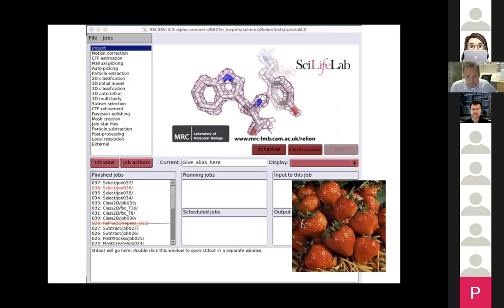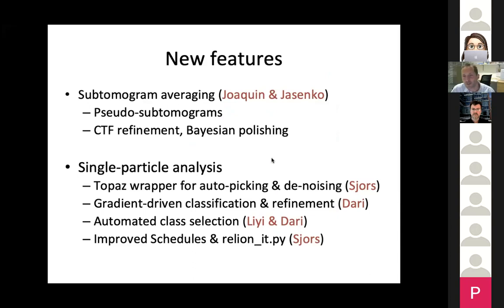Cool. So what people often ask me is, what will the color be of the next version? RELION 4.0 was chosen to have a strawberry color scheme, if you think that's relevant. Its new features are in 2 areas. In the first one, sub-tomogram averaging has had a complete overhaul of how we do things. This is work by Kino, who did part of rewriting, refactoring RELION Refine for that.